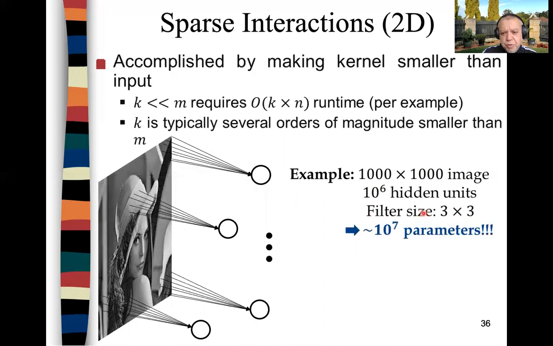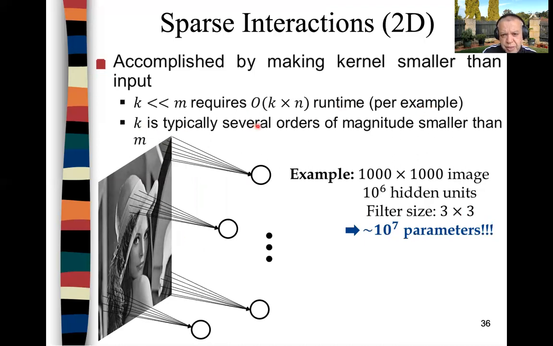Okay, as opposed to the case where you have a kernel. Now your input K is much smaller than M, so you require only K by N runtime per example or per image.